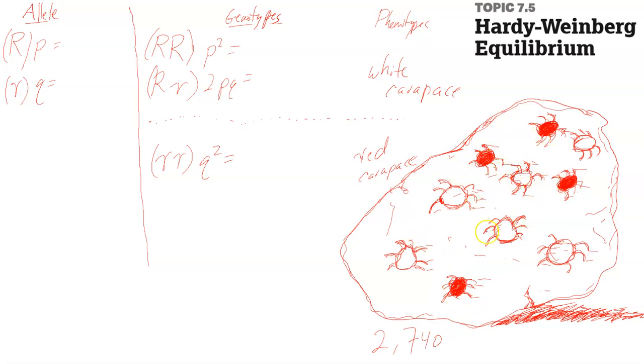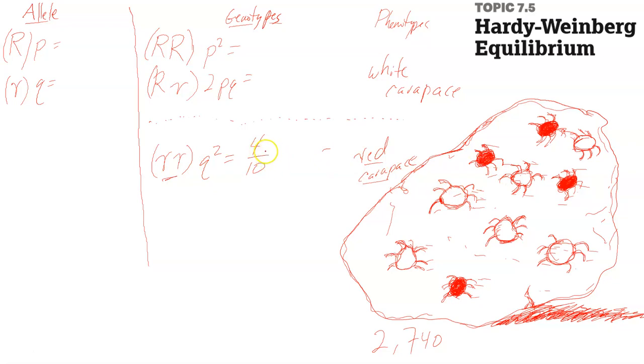So 4 out of 10 beetles show the recessive phenotype, or red carapace. Well, that might lead you to believe, correctly, that q squared is equal to 4 out of 10. The ratio of individuals that have a red carapace is 4 out of every 10.